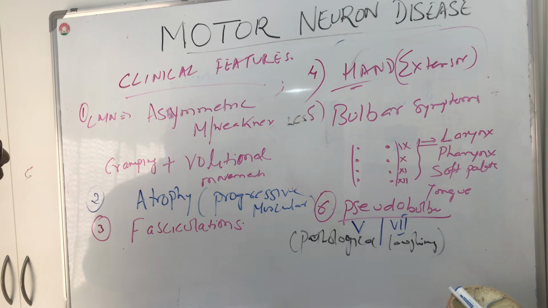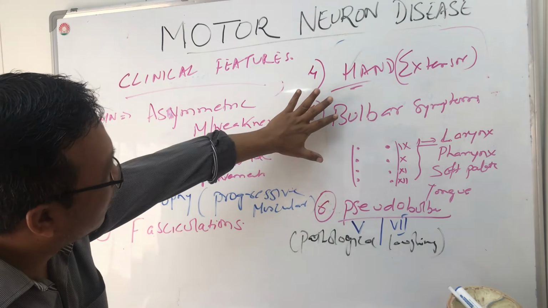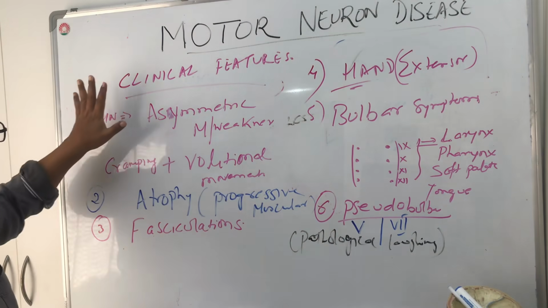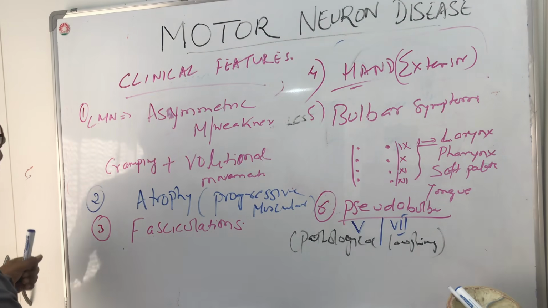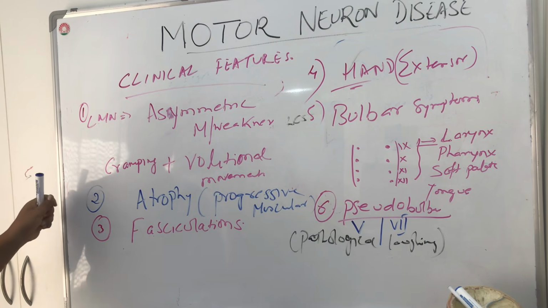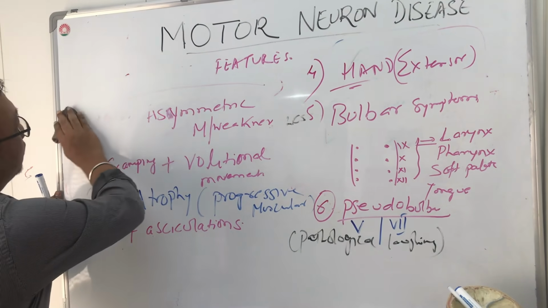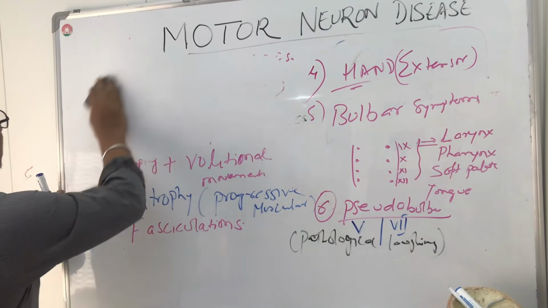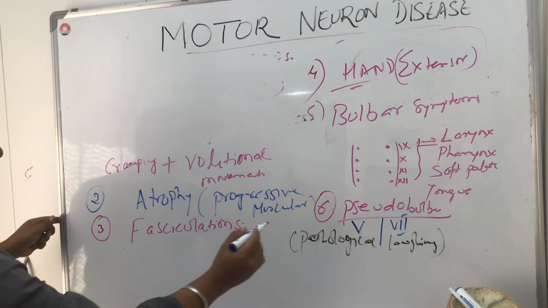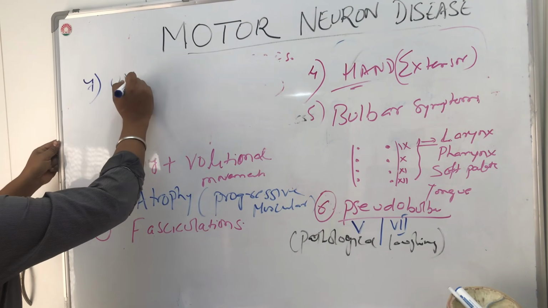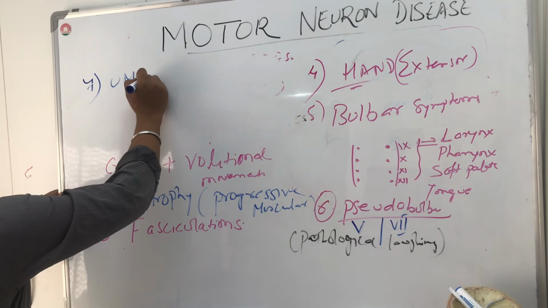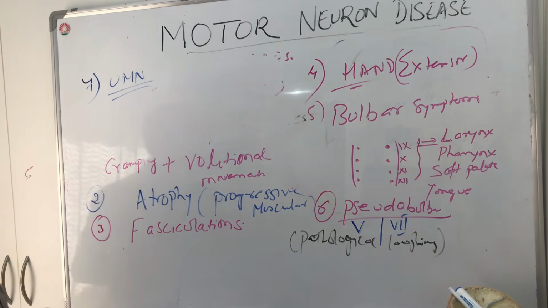And what else? Now we have involved bulbar, we have involved pseudobulbar, now lower motor neurons, then don't forget to include upper motor neurons. So we come to number 7, upper motor neuron symptoms. What are the upper motor neuron symptoms?